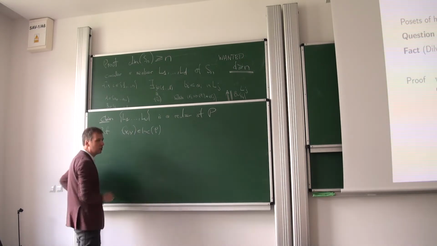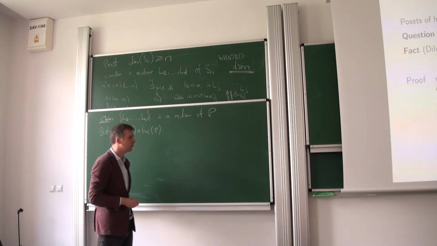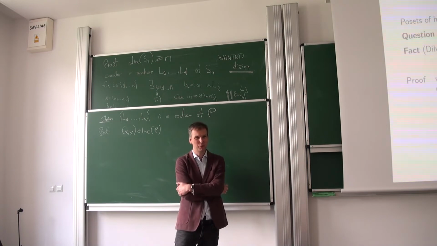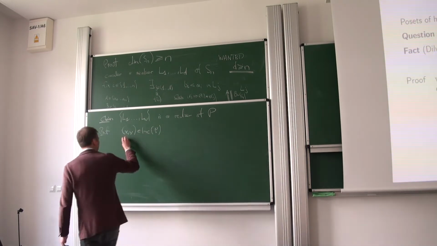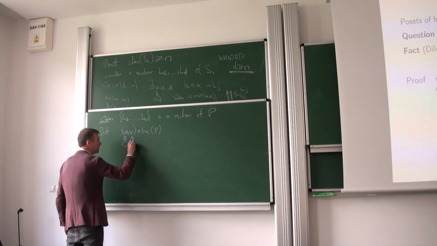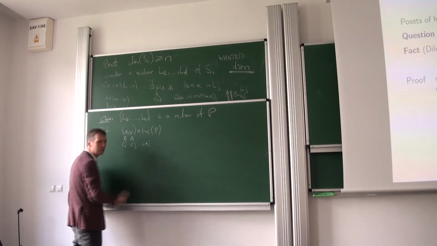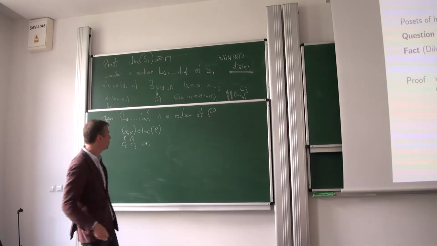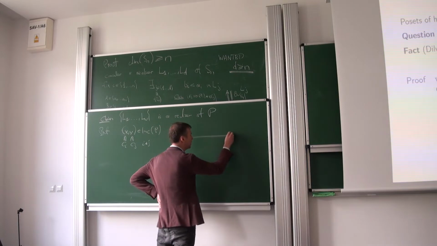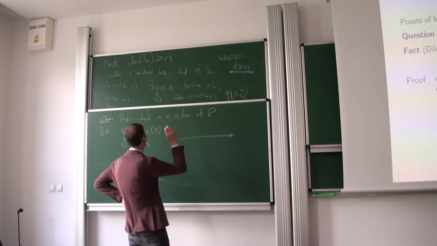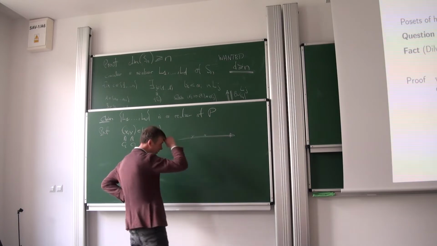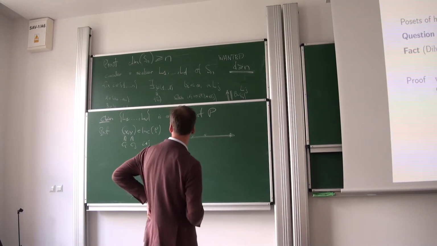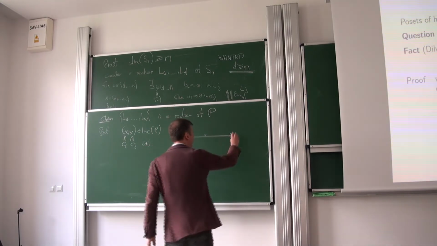So X, Y are incomparable in P. This means that they have to be in different chains of the chain partition. You agree? So X is in Ci, Y is in Cj, and I is distinct from J. Now we are looking for a linear extension that puts Y before X. X should be late, X is in Ci, so we want to look at Li.